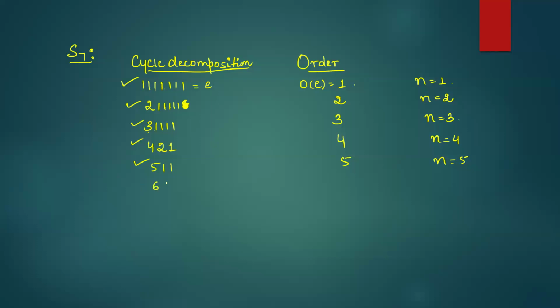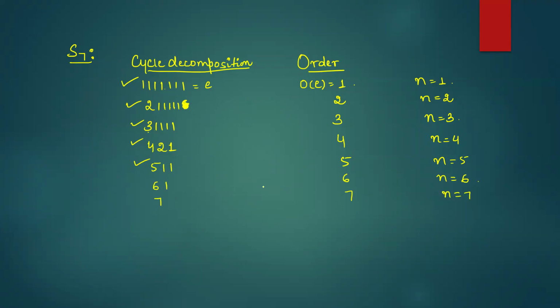And वैसे ही 6 1 अगर हम देखें तो yes, the order of the element is 6. So one possible value of n is 6. वैसे ही S7 है तो maximum 7 length का cycle ही हो सकता है. Here the order is 7 and n equals to 7. Now, is n equals to 8 possible?